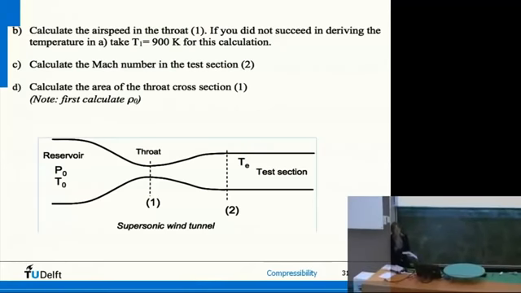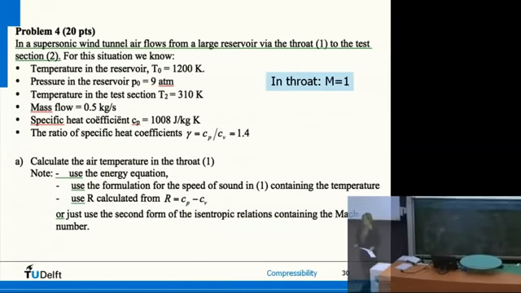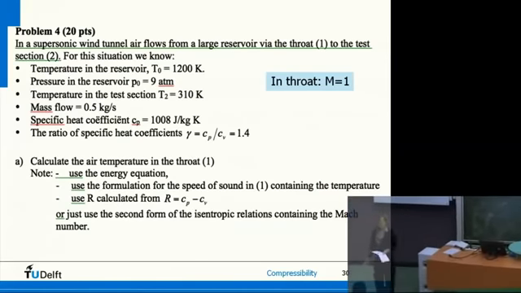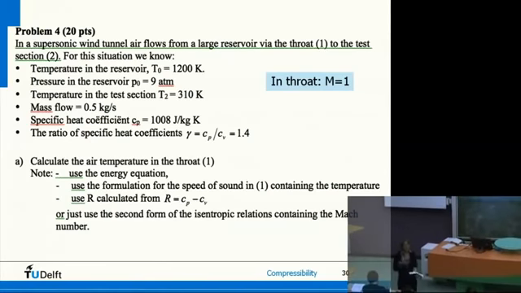Only when it slows down to subsonic speeds again, way behind here, right? If it slows down, that goes with a shock. And then it's not isentropic anymore. Okay, so here's our supersonic wind tunnel. In the instruction session on compressible flow, you will actually derive it. But today you have to believe me, inside the throat, the Mach number is equal to 1.